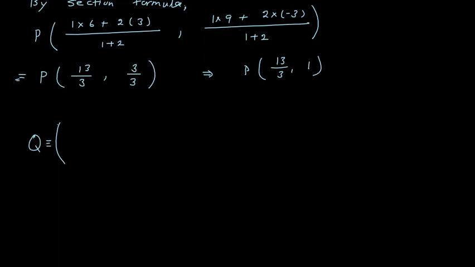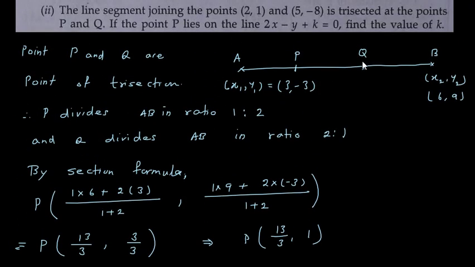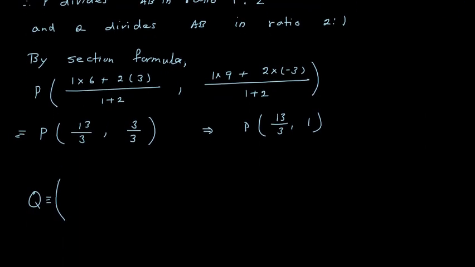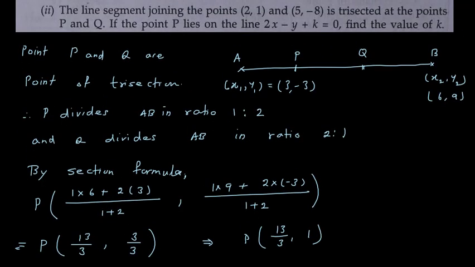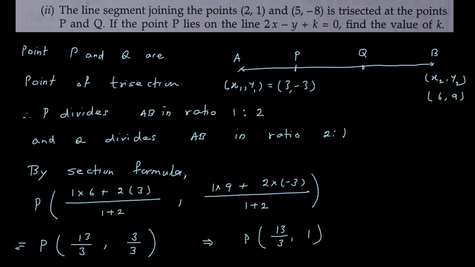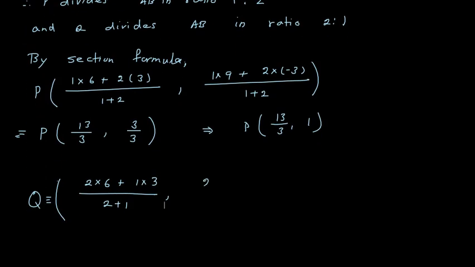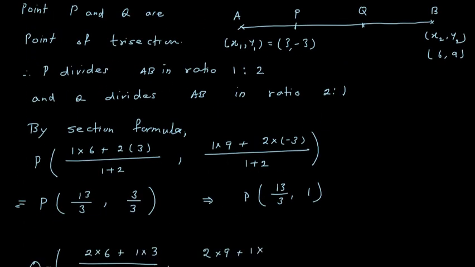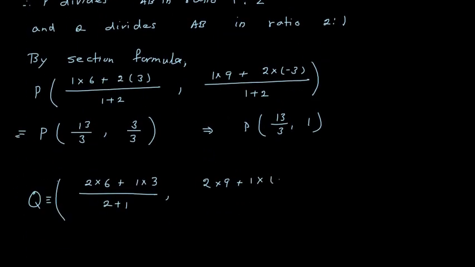For Q it is 2 into 6 plus 1 into 3, whole divided by 2 plus 1, comma, 2 into 9 plus 1 into minus 3, the whole divided by 2 plus 1.